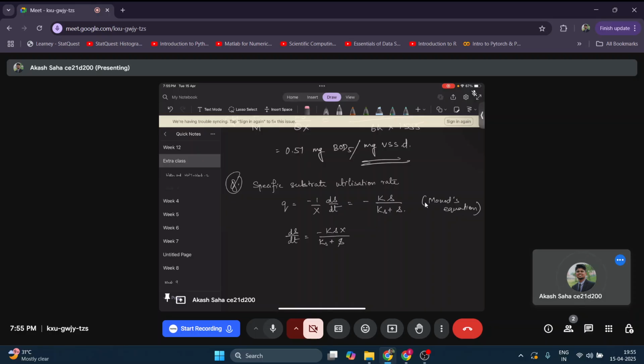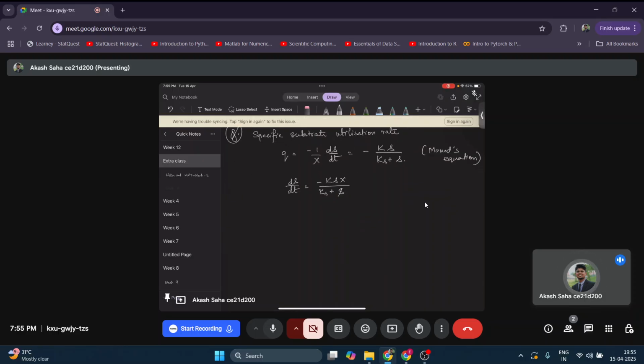Okay, so all the parameters are now given in the question. So my k value will be equal to, my Ks value is the half saturation constant, where the growth rate is half of maximum.